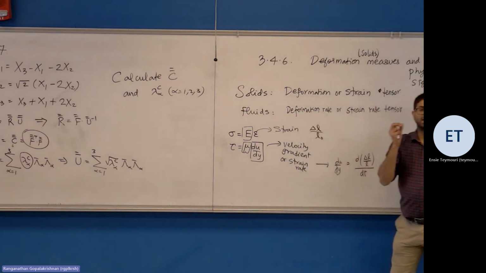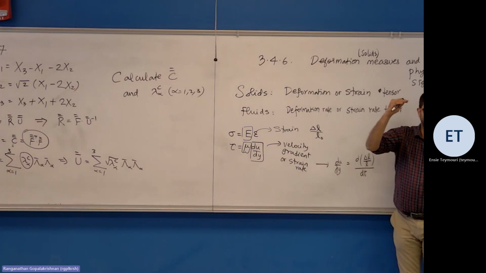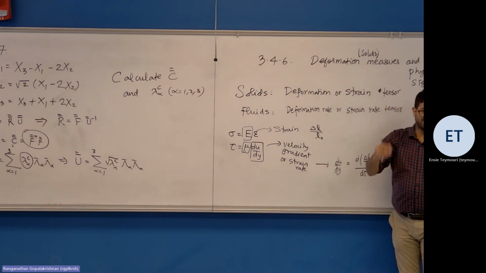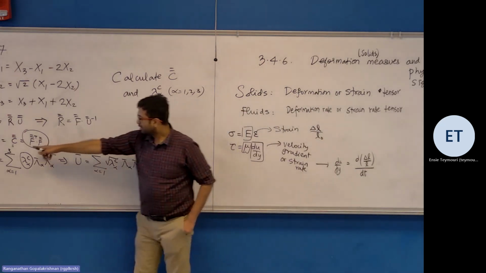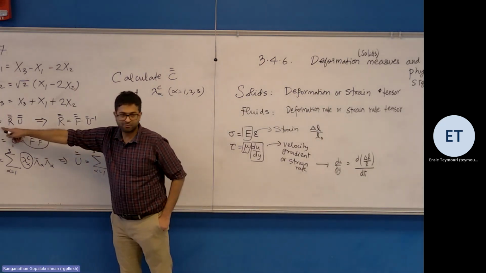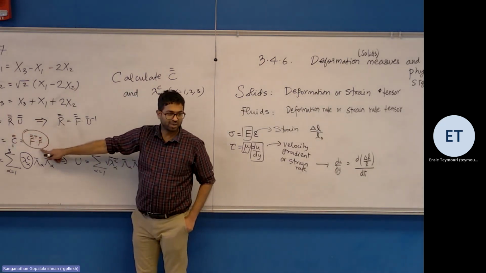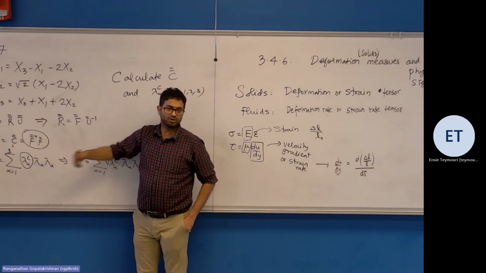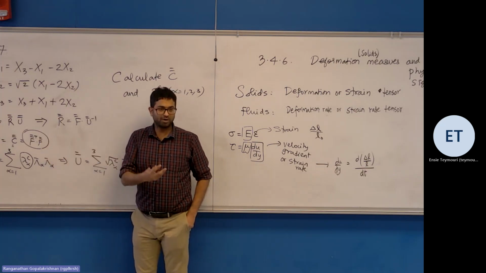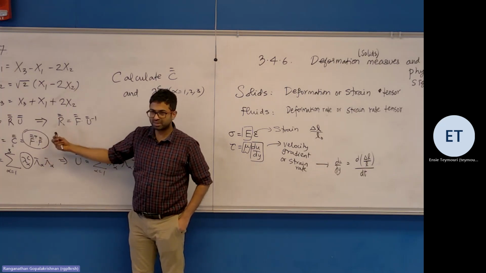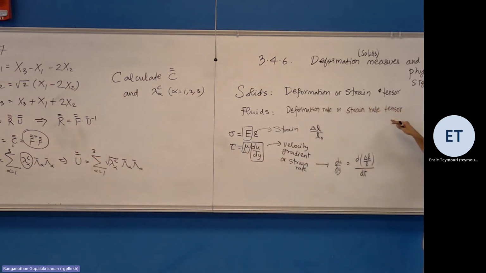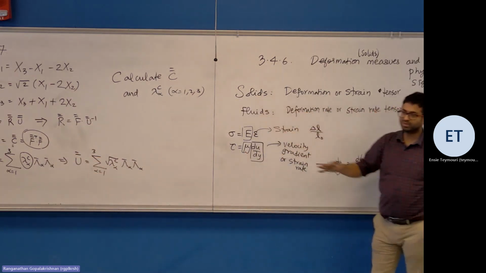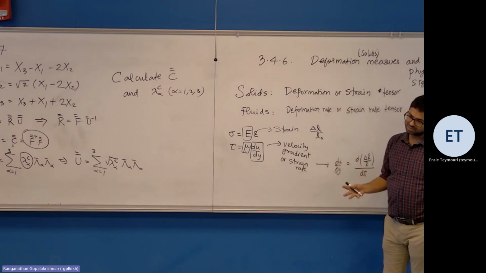If you have that level of clarity, then you can work your way through the math. If I tell you F, this is matrix multiplication. Did you come to this course to learn matrix multiplication? You want to know what these matrices represent, which is to intuitively understand what is strain and strain rate, which goes with solids and fluids. That's the thread of logic.